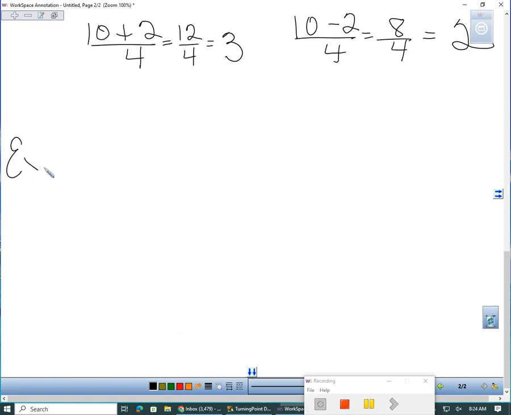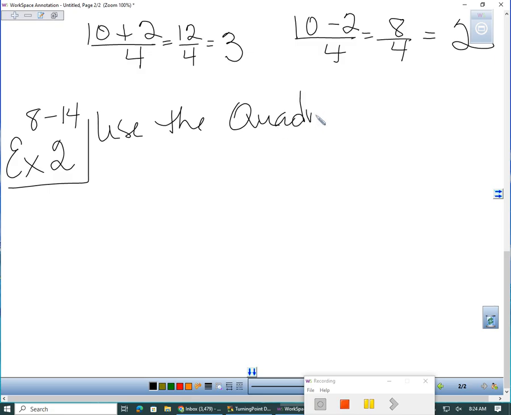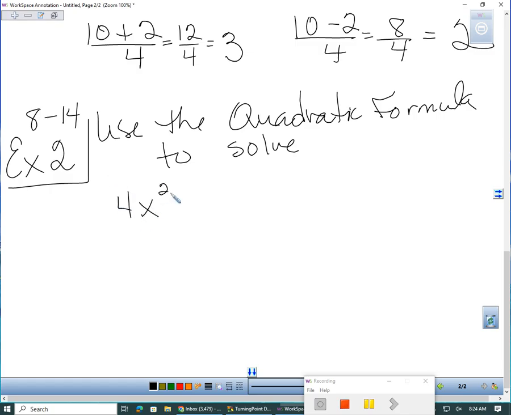All right, example number 2. So this is exactly what you are doing for, let's do 8 through 14 first. Use the quadratic formula to solve. And let's go with 4x squared plus 7x minus 15 equals 0.